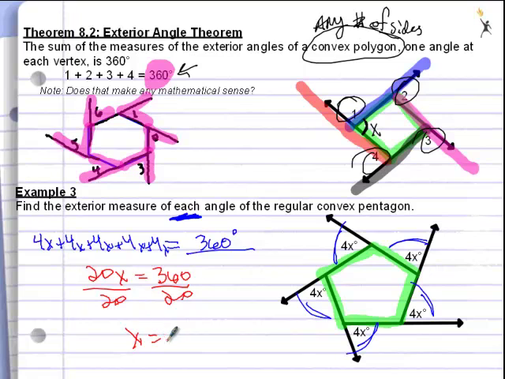You get x equals 18. So I know that x equals 18, but that doesn't tell me each angle measure because each angle is 4x. So I take my 4x, substitute my 18 in, and what I find is that each individual angle is 72 degrees.